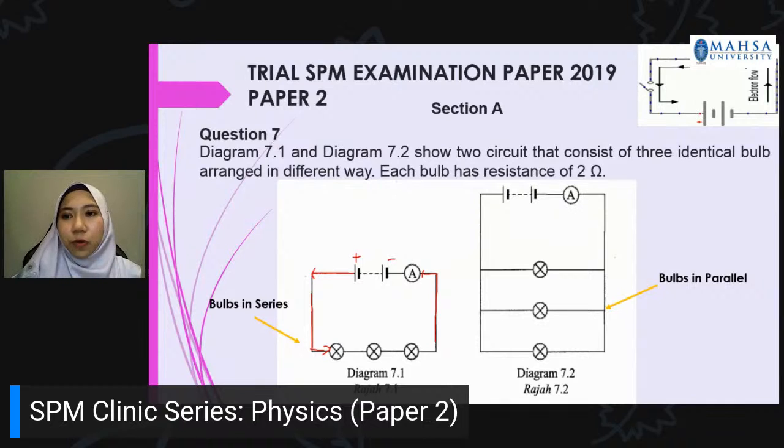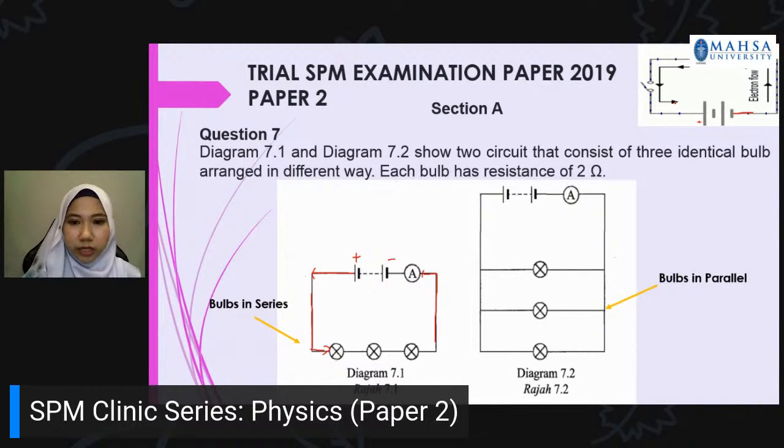The current always flows from the positive terminal to the negative terminal, but the electrons flow from the negative terminal to the positive terminal. When there is electron flow in your circuit, it means you have a current flow in your circuit. That is the definition of the current. What is the current? Current is the charge flow per unit time.